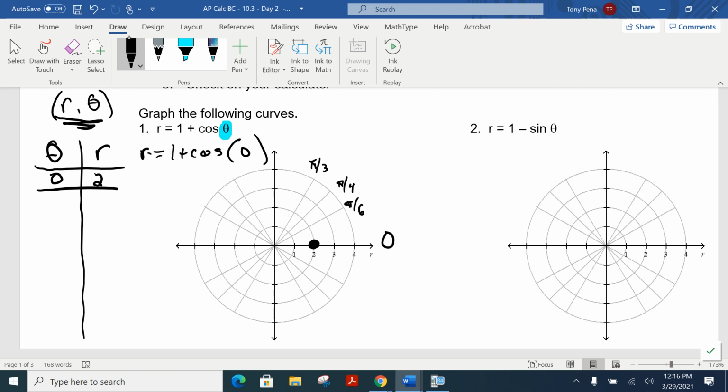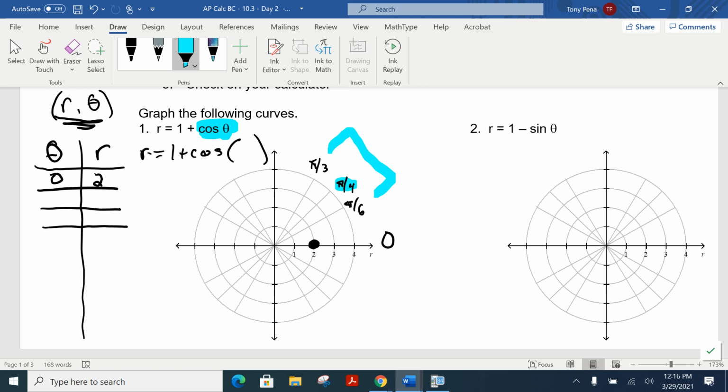When we go through these, we don't need to do every single value. We want to be somewhat efficient with this because these could take a while. They're going to be kind of tedious anyway. So what I'm going to have you do for sure is pi over 4, and then you want to pick either pi over 3 or pi over 6, whichever one is going to be the easier value. What I mean by easier is, since we're going to be doing the cosine of it, one of them has a cosine value of root 3 over 2.